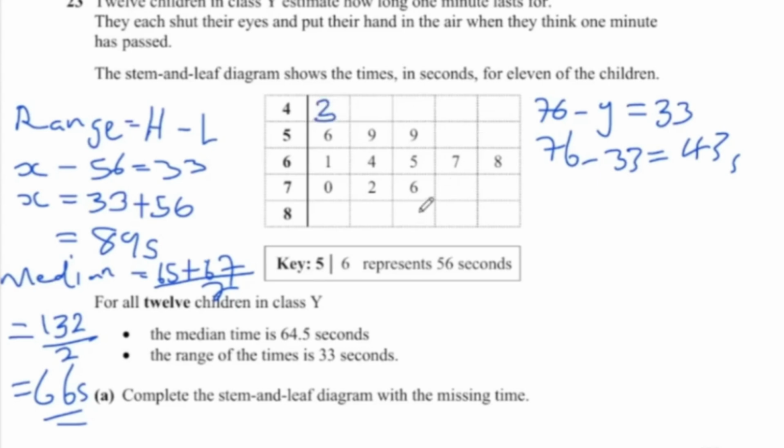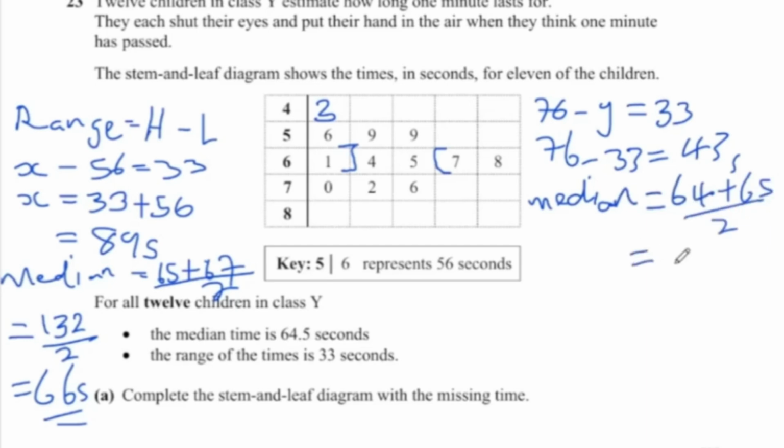Okay, let's estimate the median again. So 1, 2, 3, 4, 5, counting from the bottom, then from the top, 1, 2, 3, 4, 5. Now, since the data set is even, 12 in this case, the median will be the arithmetic mean of the two central values. So the median in this case will be 64 seconds plus 65 seconds, everything divided by 2.